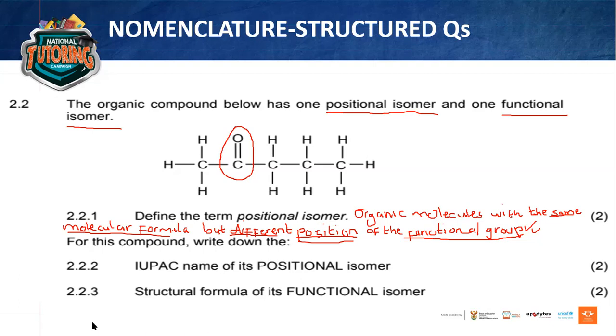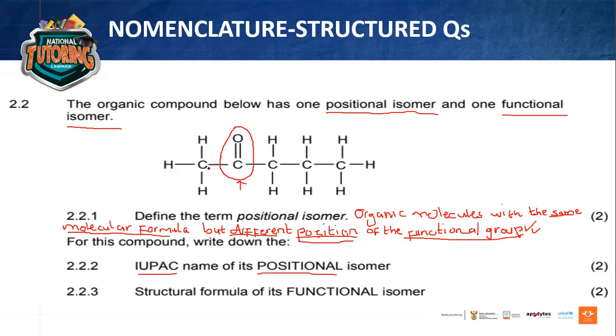Then they want us to write down the IUPAC name of its positional isomer. This is in capital letters. This always in capital letters. So if you understand the definition, it means I must examine this molecule that has been given, and I must draw another molecule, but this functional group must go to a different position.